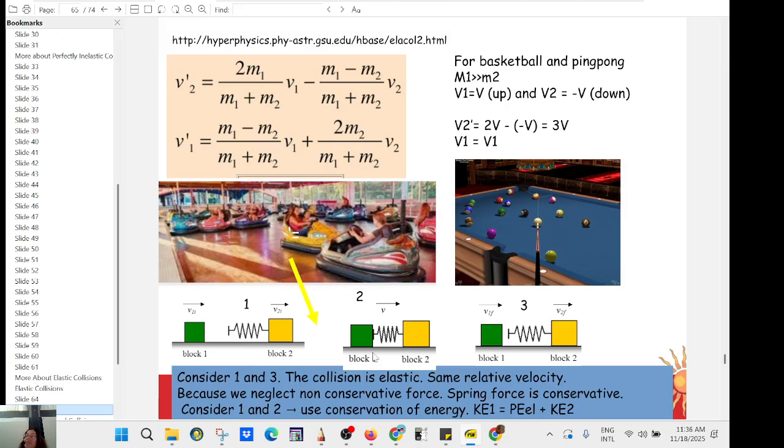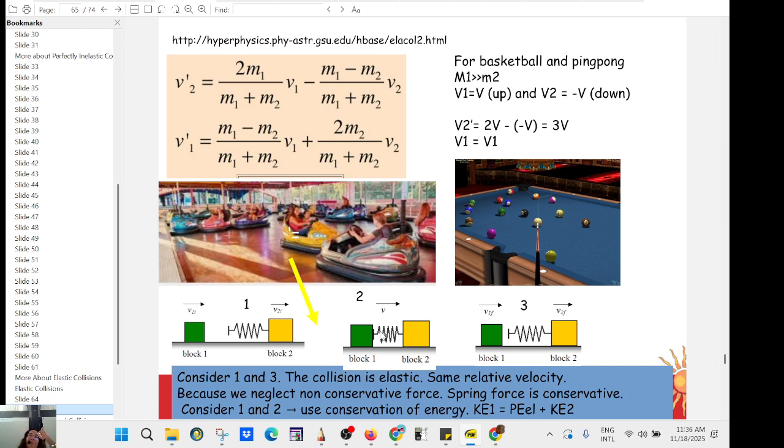And what type of energy do we have here? It's still moving, so you still have kinetic energy, and you also have stored elastic potential energy. So the total amount of mechanical energy before equals the total amount of mechanical energy after, elastic plus kinetic.